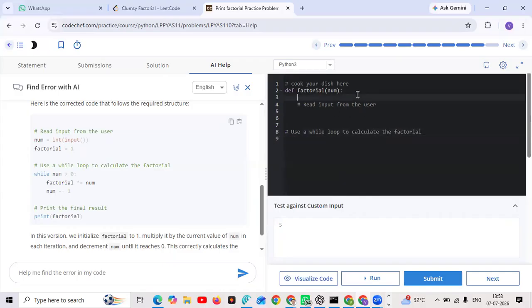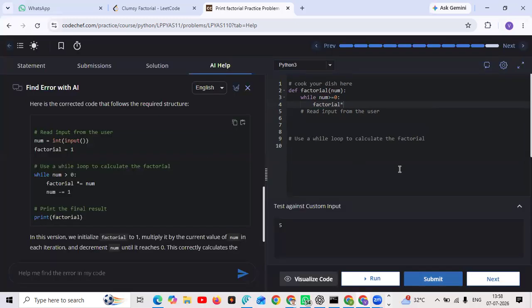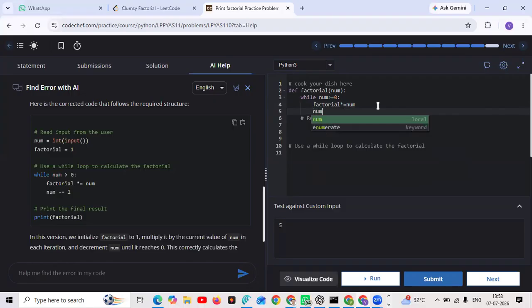So I have to fix it. If num is greater than or equal to 0, then factorial into factorial 2 is equal to num, num minus 1.